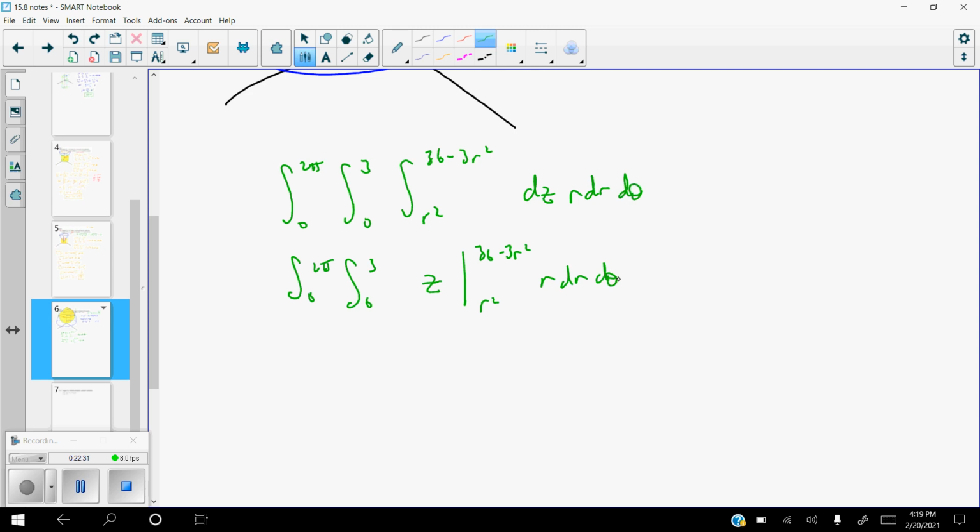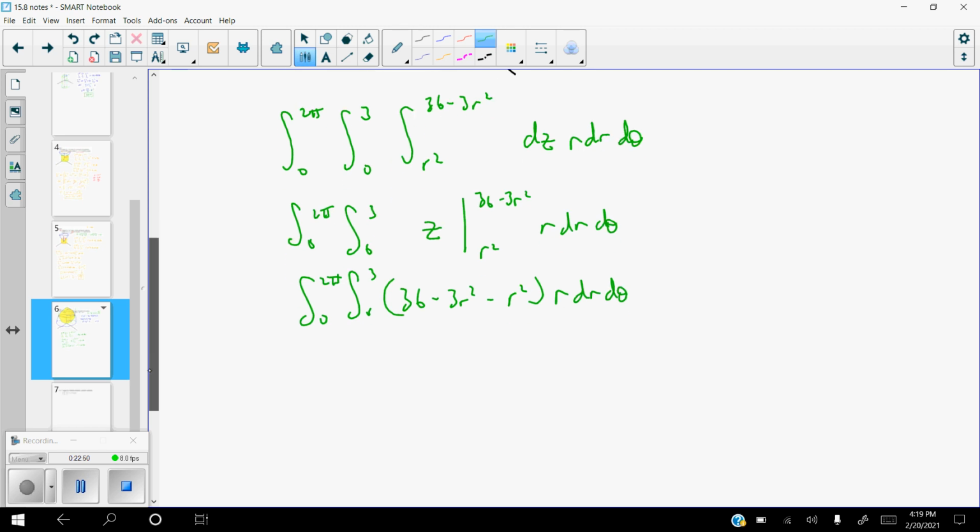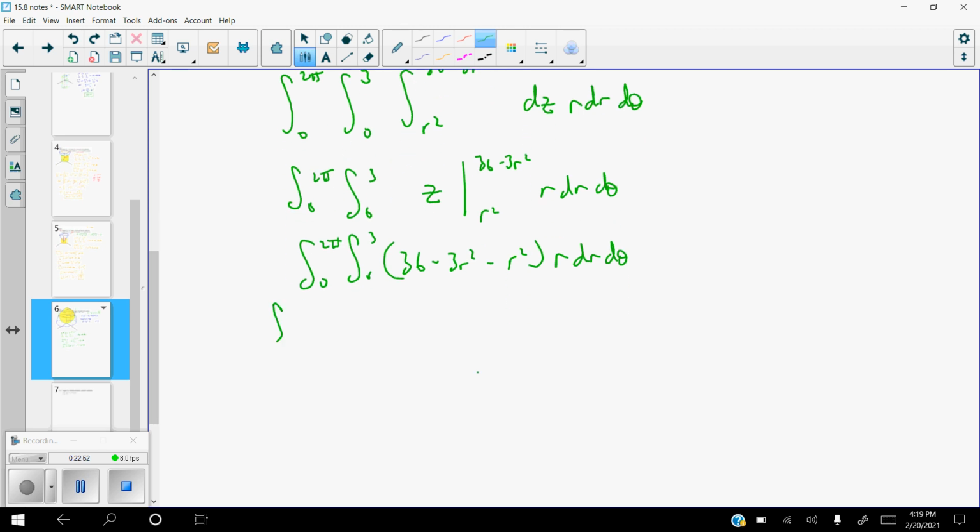So plugging this in, we get 36 minus 3r squared minus r squared, r dr d theta, integral 0 to 3, integral 0 to 2 pi. Okay, I definitely only have r's and thetas left, so now we can do our standard integral 0 to 2 pi of the d theta part.